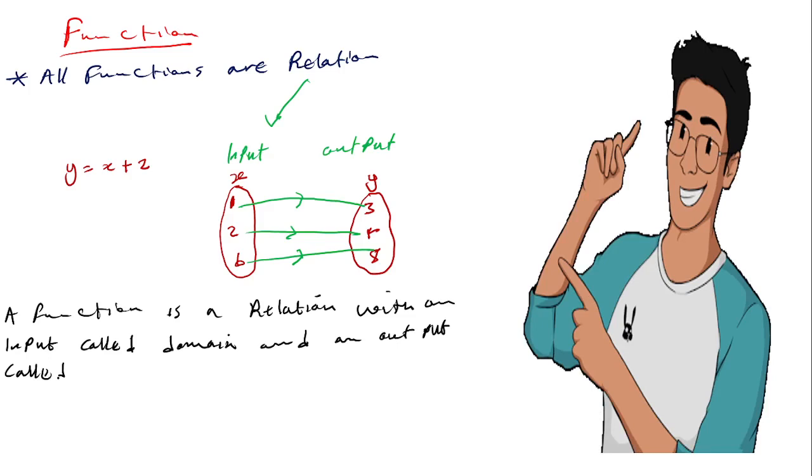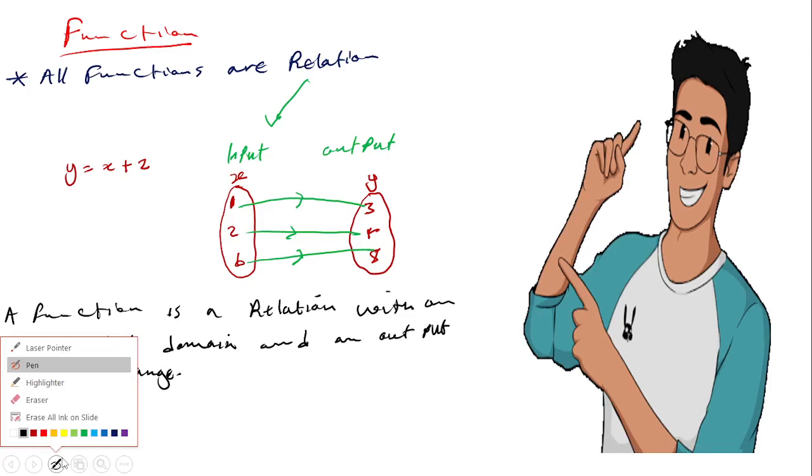A function is just a relation, like I've already stated. This simply means that a function is a subset of a relation. So a function is a relation with an input called a domain, and an output called a range.